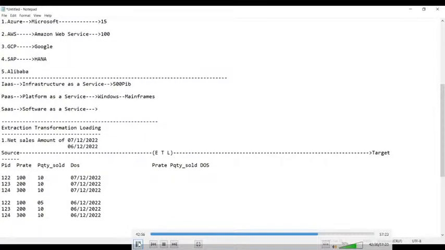Without the date of sale, how can you find out? So now, guys, these are the three columns, out of all the available data.